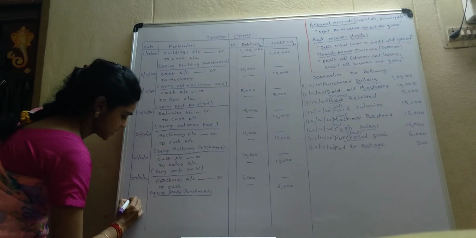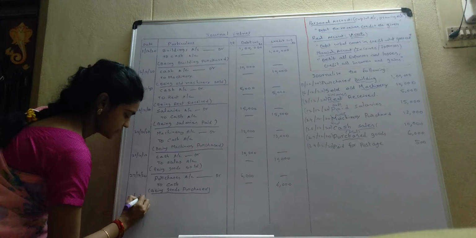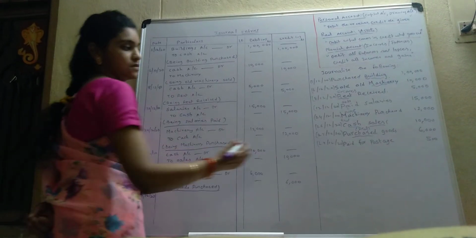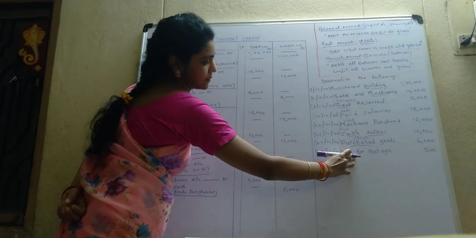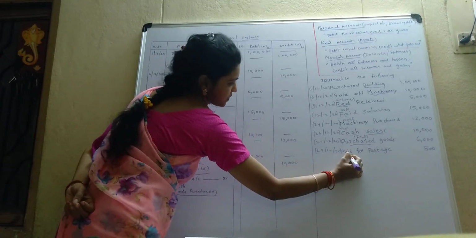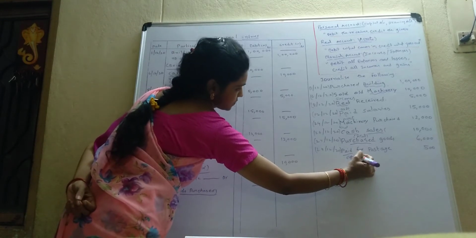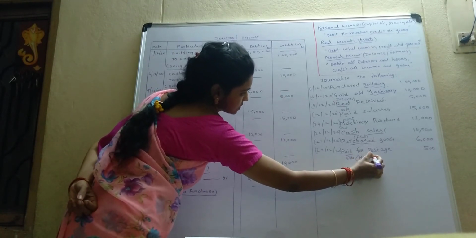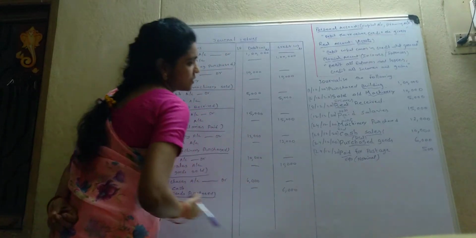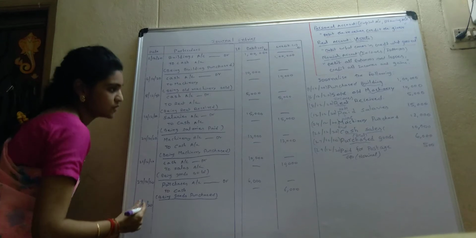And the next entry is on 29/12/20. What's the transaction? Paid for postage. Paid means expense. Expenses belong to which account? Nominal account. What's the rule of nominal account? Debit all expenses and losses. So what we have to debit? We have to debit postage.